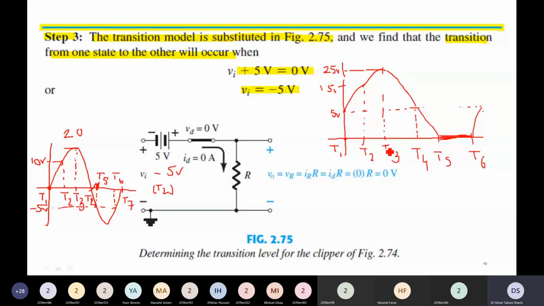And again, we can always adjust the output voltage if we want to consider the voltage drop of the diode, 0.7 volts or 0.3 volts.